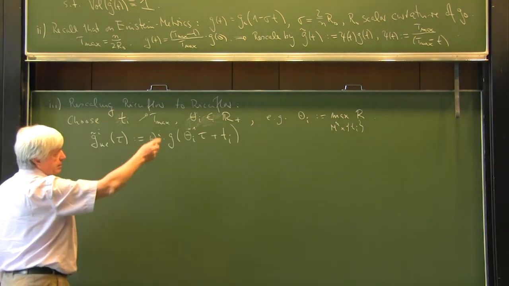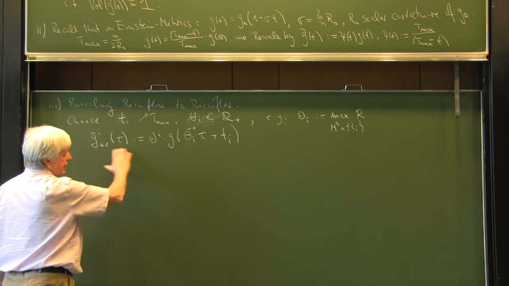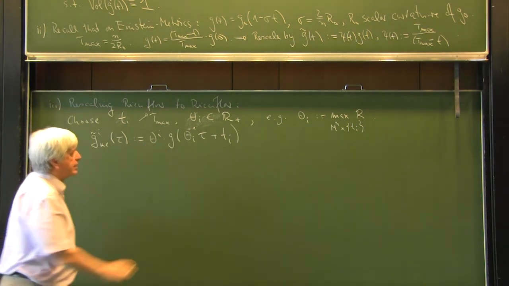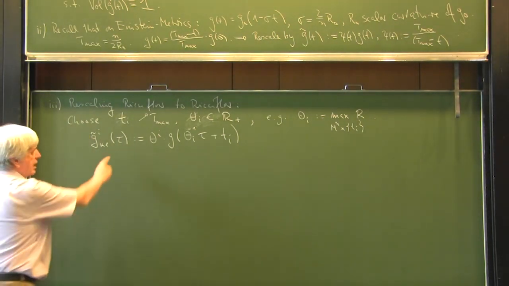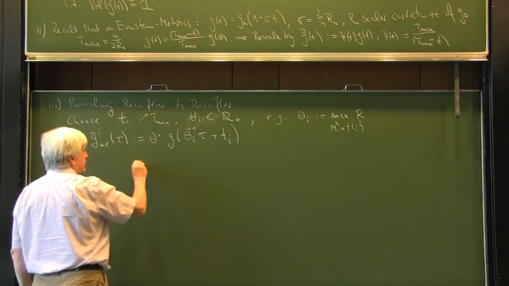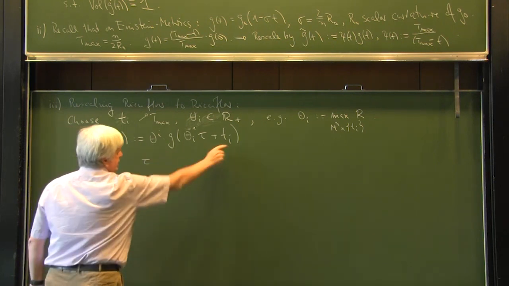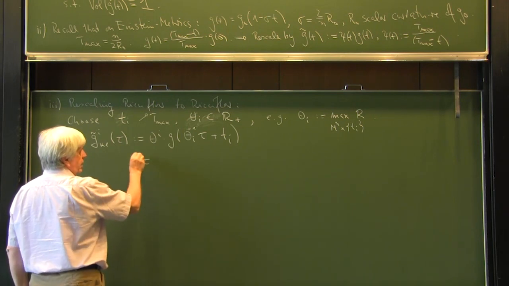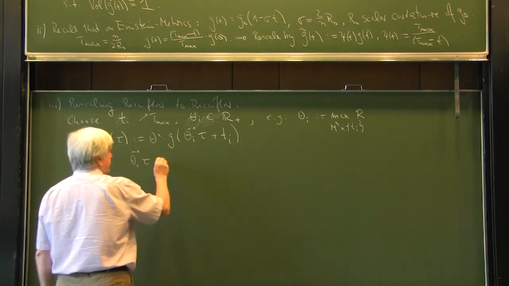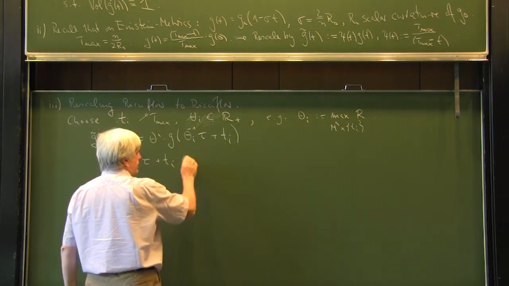And you expect this to go to infinity, so you rescale the metric with larger and larger factors, but you introduce a new time variable tau, and this new time variable tau would then live in a space such that theta I to the minus 1 tau plus Ti is in the old time interval.